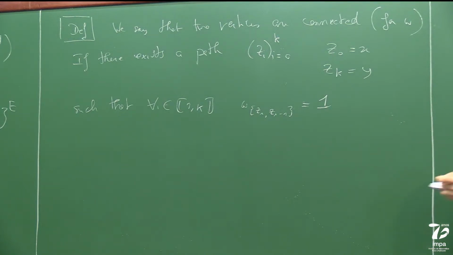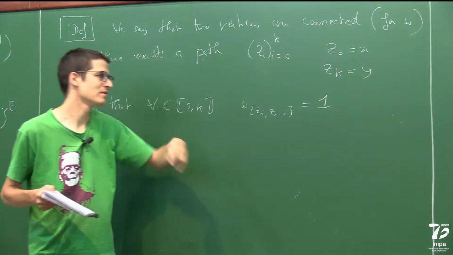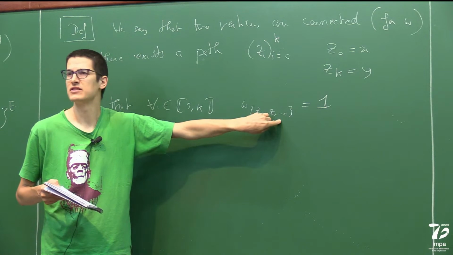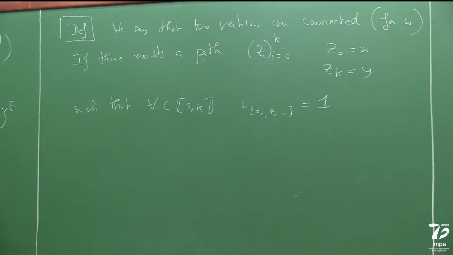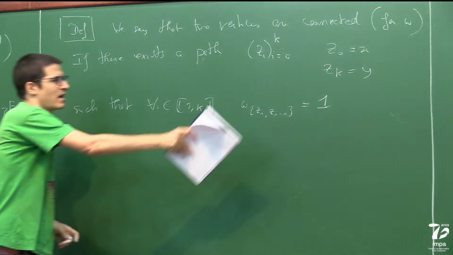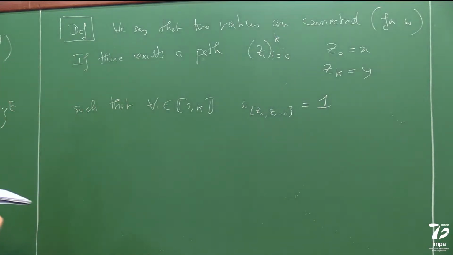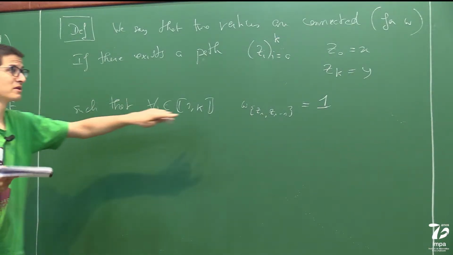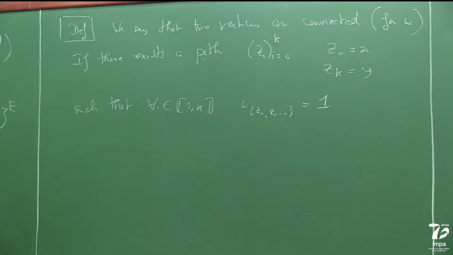Okay, by saying that this is a path, I'm implicitly saying that this thing is an edge. And for the remainder of the lecture, I will say that the path is open if every edge on the path is open.